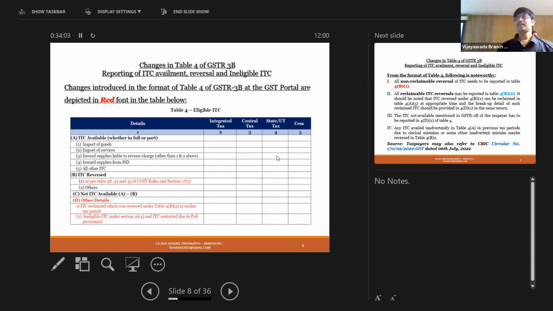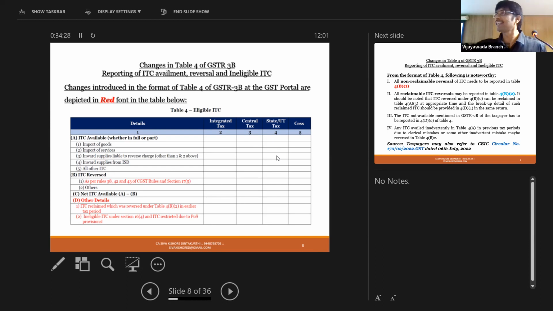Yes, sir. Even though we have availed in this 4A5, immediately we will reverse it in 4B1 as part of permanent reversal. The net ITC which travels to 3B, electronic credit ledger, will not contain any ineligible ITC. But what they are proposing is, we must know the reconciliation of X number of invoices that were made available to you in your 2B.